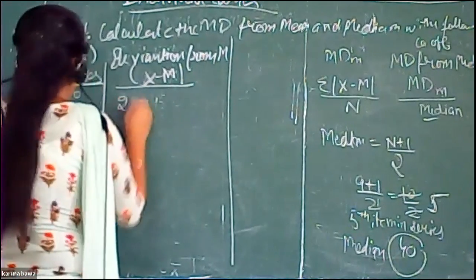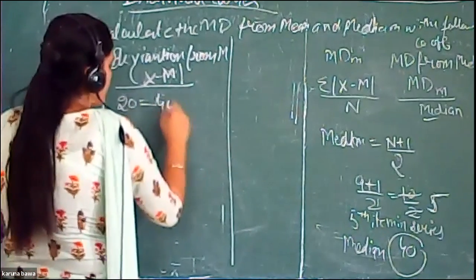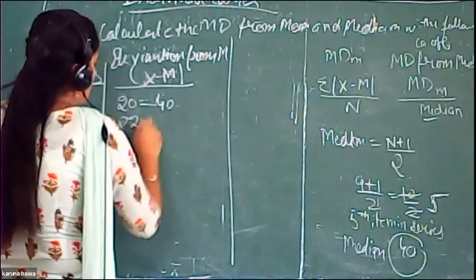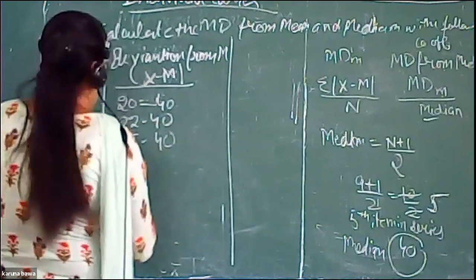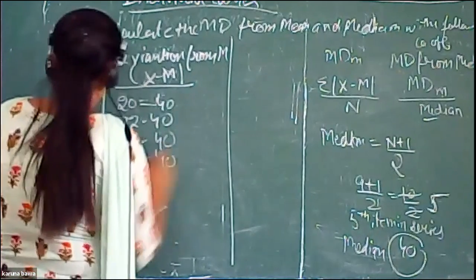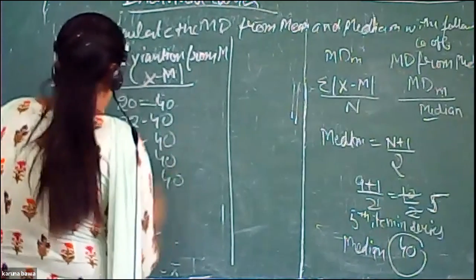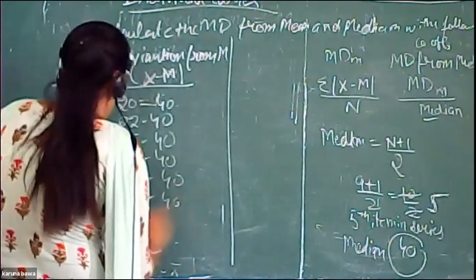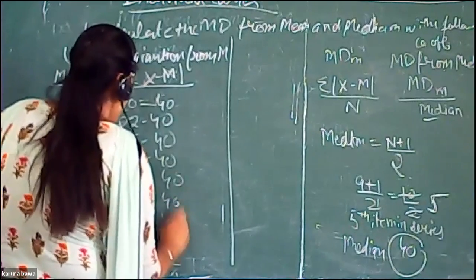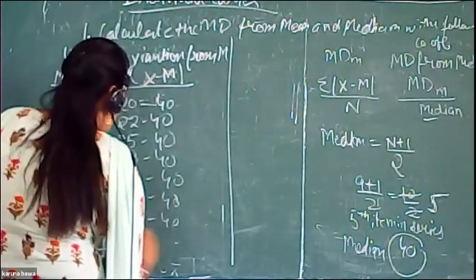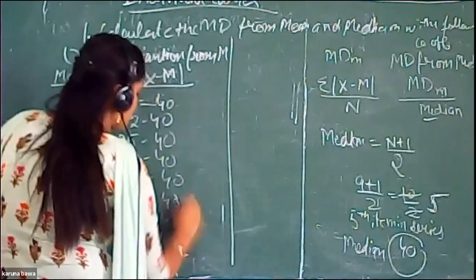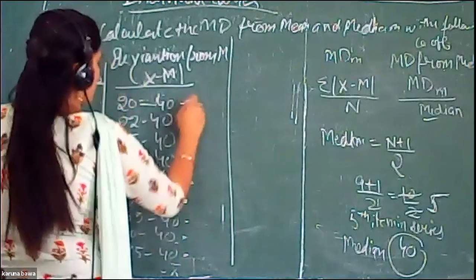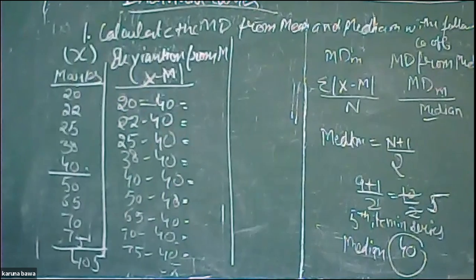X value 20 minus 40, 22 minus 40, 25 minus 40, 38 minus 40, 40 minus 40, 50 minus 40, 65 minus 40, 70 minus 40, and last one 75 minus 40. So find out the deviation from median.